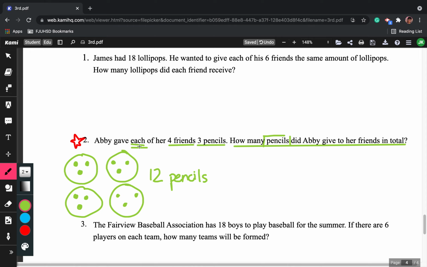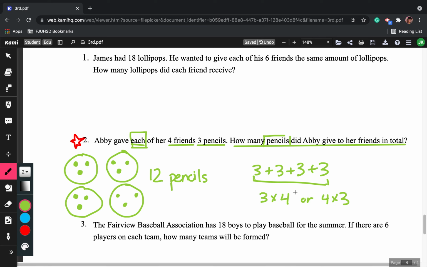But another way we could have done this is that since she gave each of her 4 friends 3 pencils, another way to write this, instead of writing 3 plus 3 plus 3 plus 3, which is what we just did, we could also write this as 3 times 4 or 4 times 3, because order doesn't matter in multiplication.